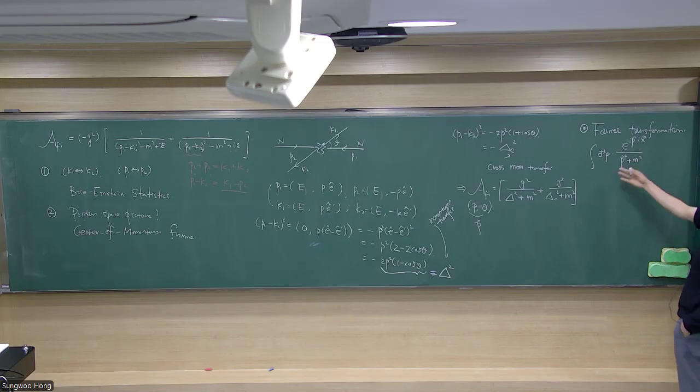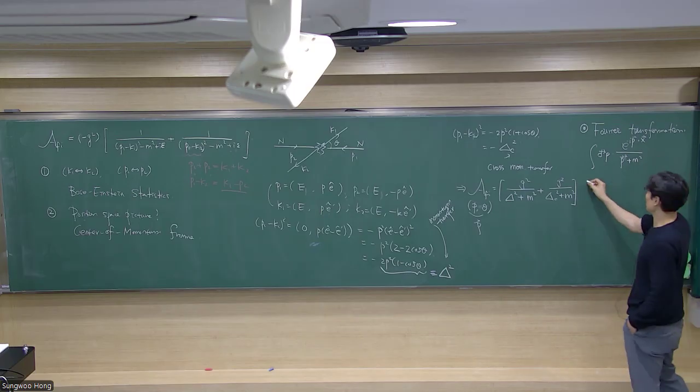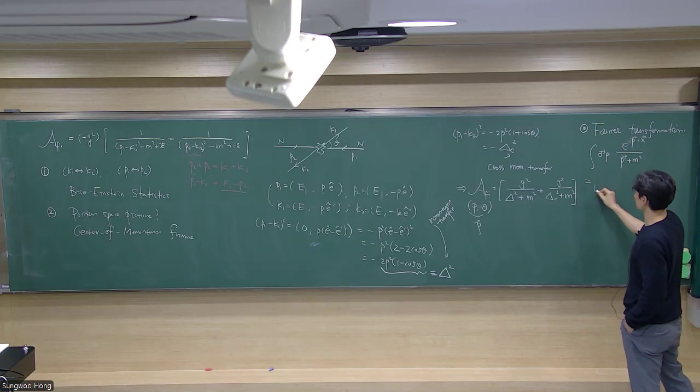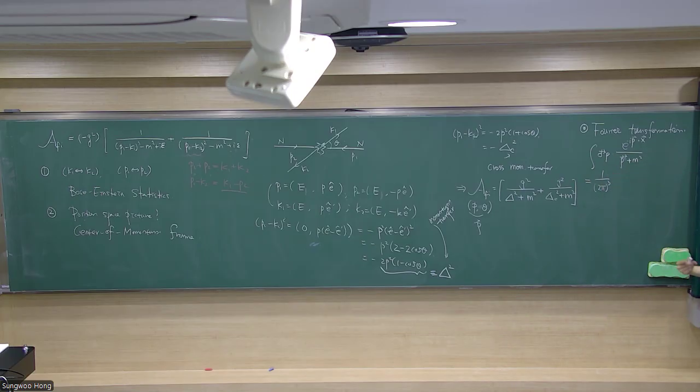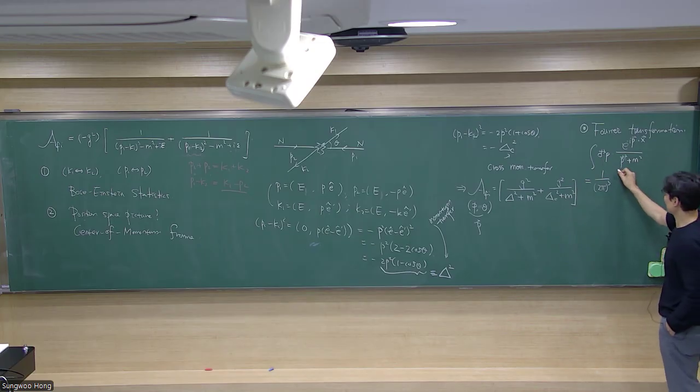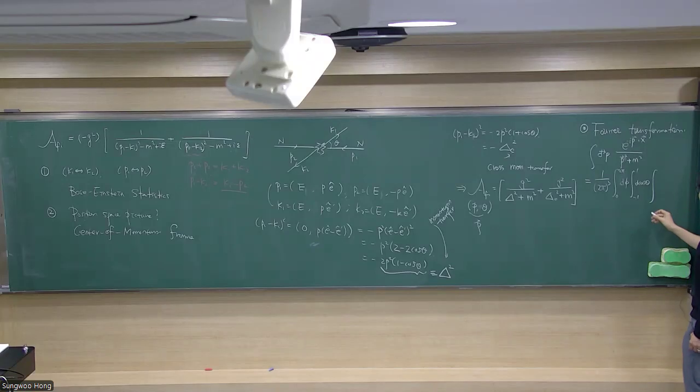So let's do this Fourier transformation. How do you do that? Well, first things first. I know there's a 1 over 2 pi to the cube from this guy. And then I can split this into, first of all, d phi, 0 to 2 pi, d cosine theta, minus 1 to 1. And then this is a d3p, so I know dp p squared, okay?